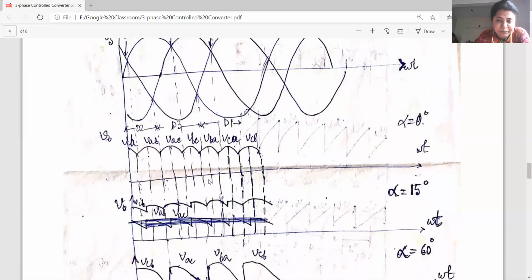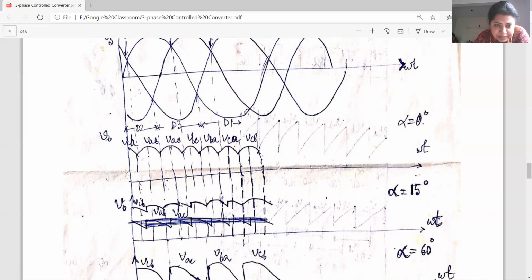So here for alpha equal to 15 degree, see, this angle is 15 degree. This goes up to this portion. It takes VAB, the waveform of VAB.